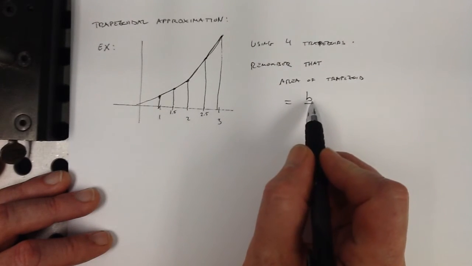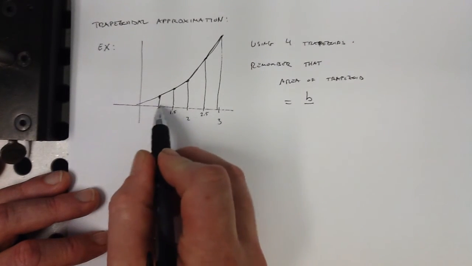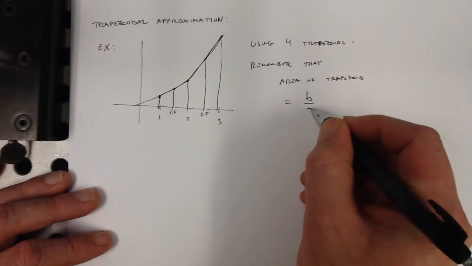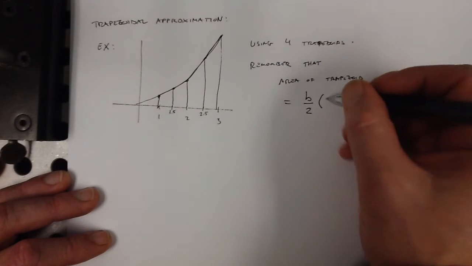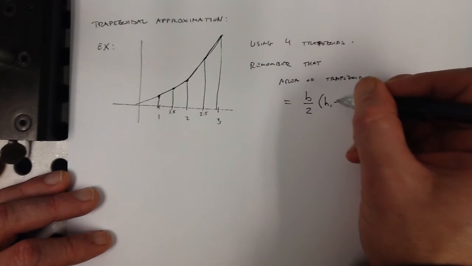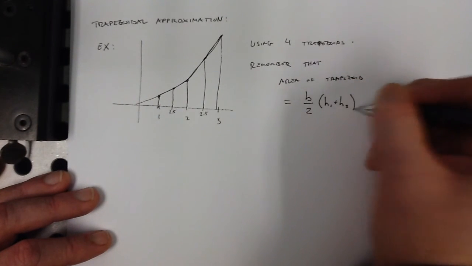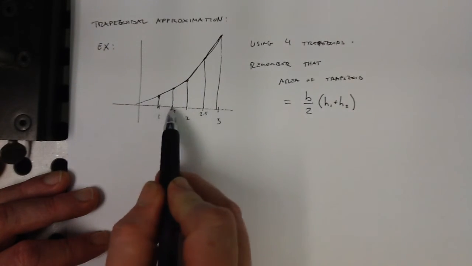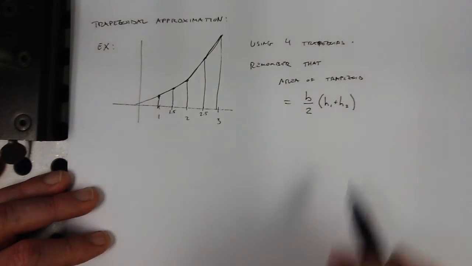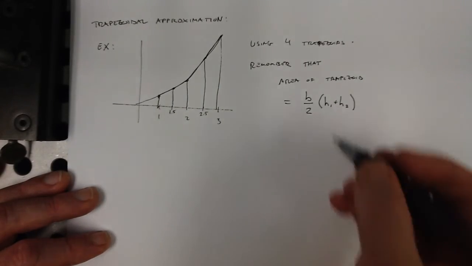That's sometimes called height in geometry, but here we're going to think of it as the base over 2 and then times the sum of the heights. For us in calculus, trapezoids are always going to be oriented this way with the base on the axis and then the 2 heights, so this is the way we'll think about that.